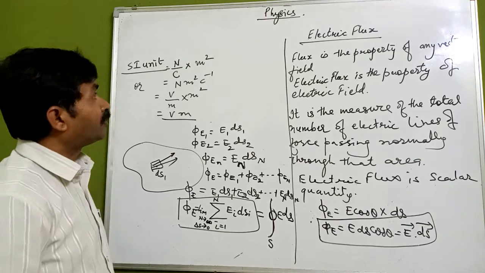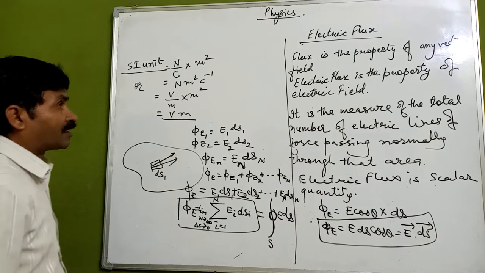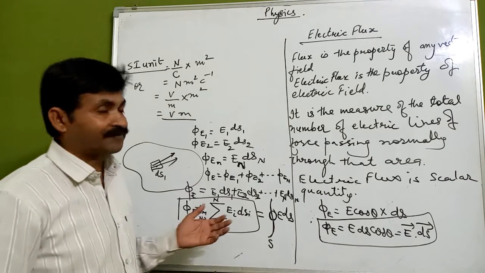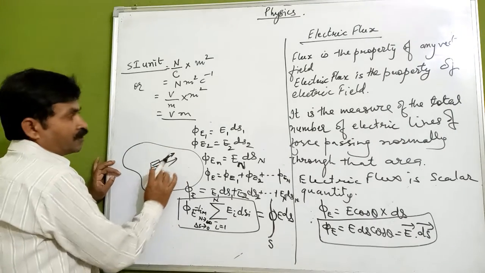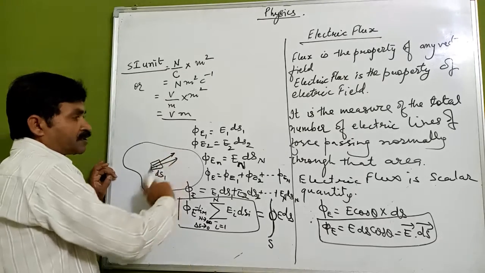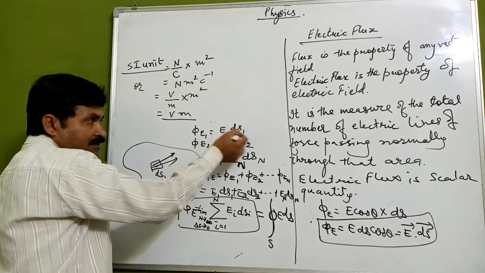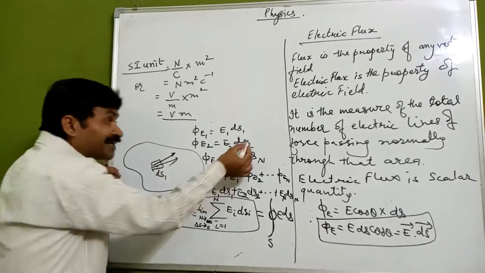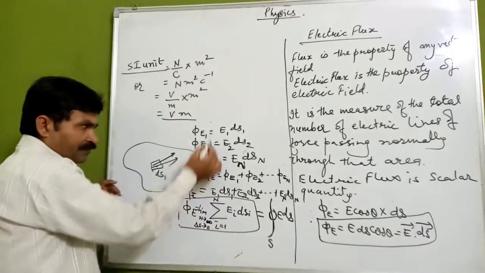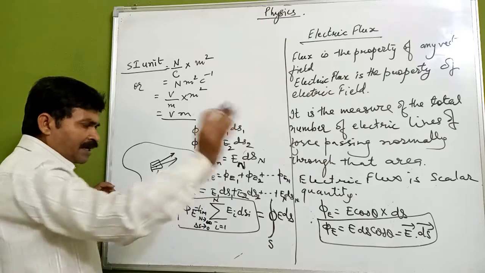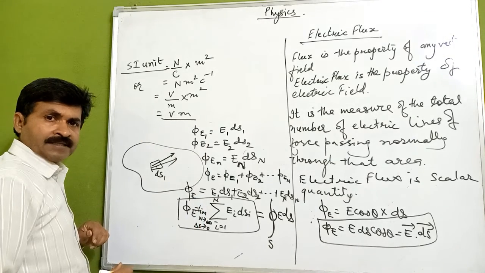So here, the electric flux is a property of any vector field. By assuming very small areas, we get a number of field lines passing through that particular area, dS1, dS2, dSn, so many. We are assuming there are n number of areas.